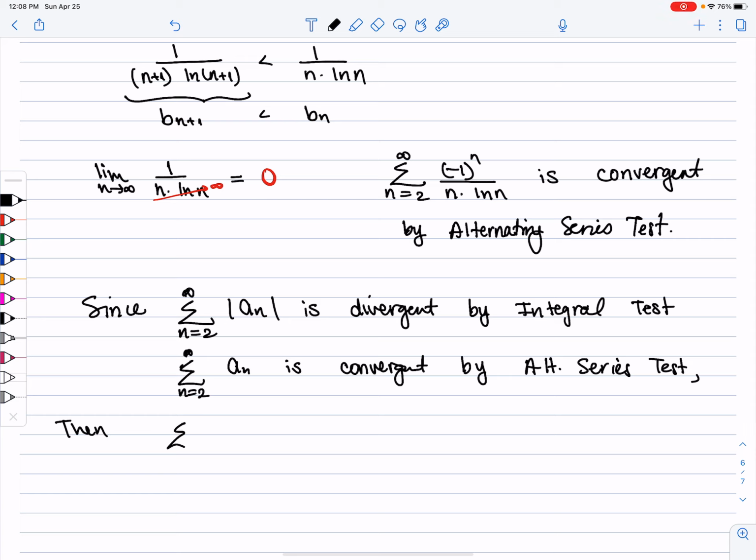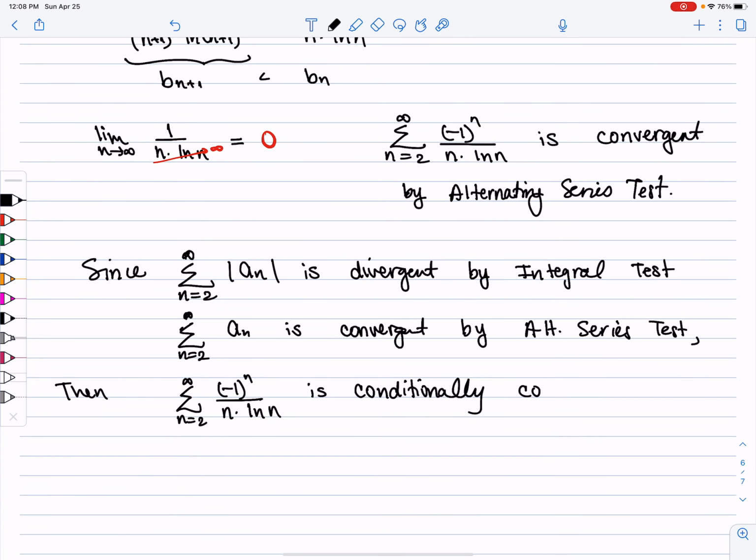Then the original problem, the series, we write sigma as n goes from 2 to infinity of -1 to the n over n times ln of n is conditionally convergent. And you are done.